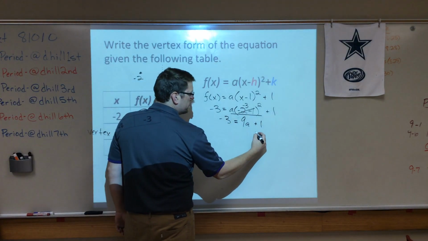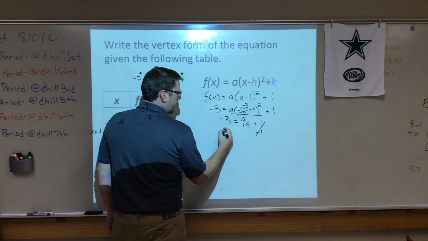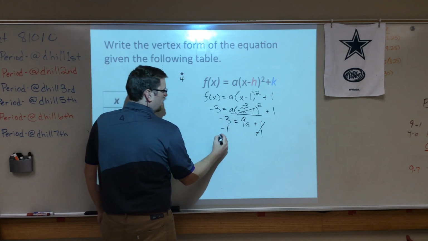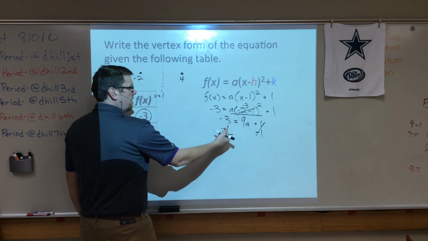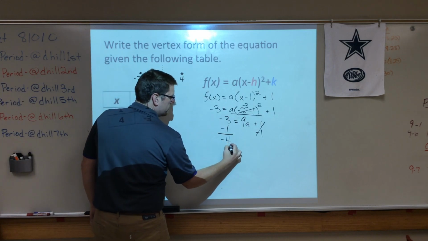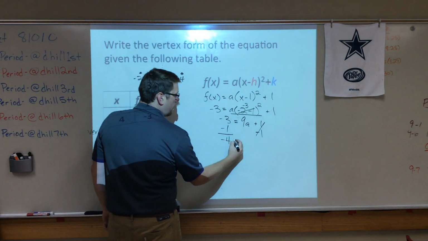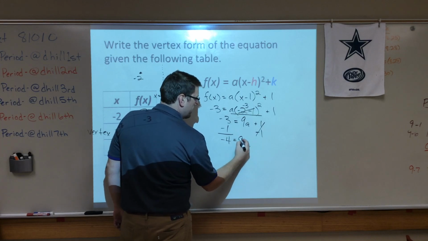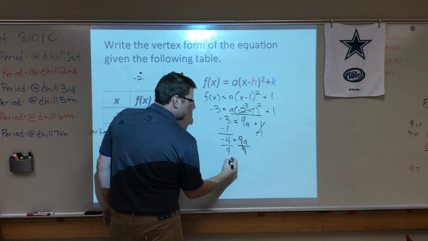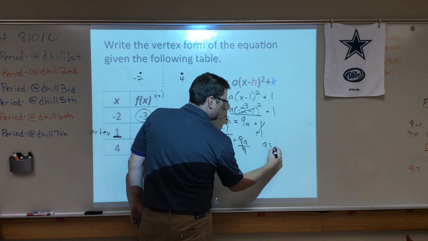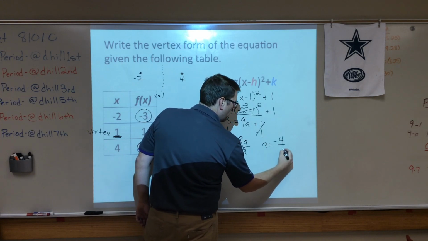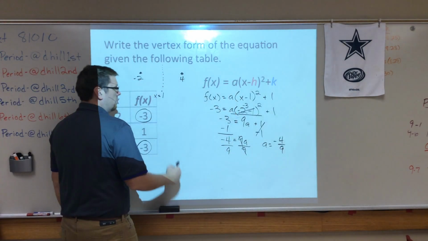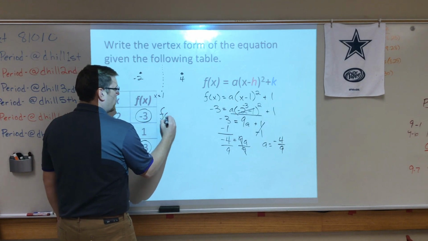All right, last two steps to solve for a. Subtract my k value over. -3 minus 1 is -4. Bring my 9a down, and then divide. So a equals -4 over 9. And then I can plug that into my equation.